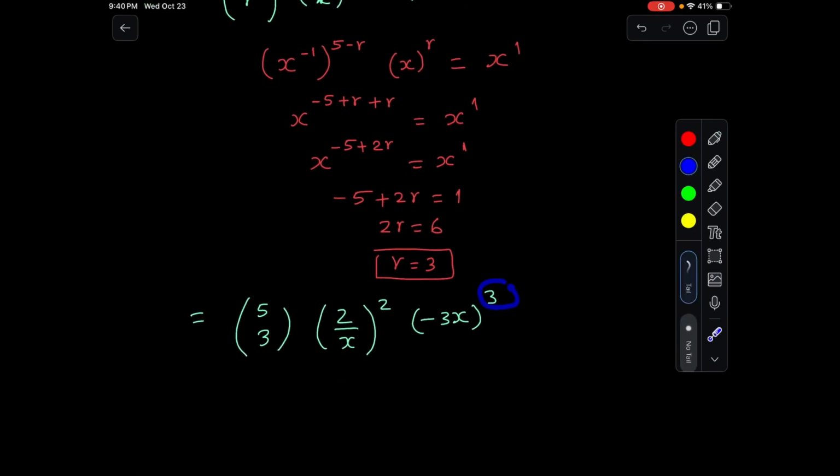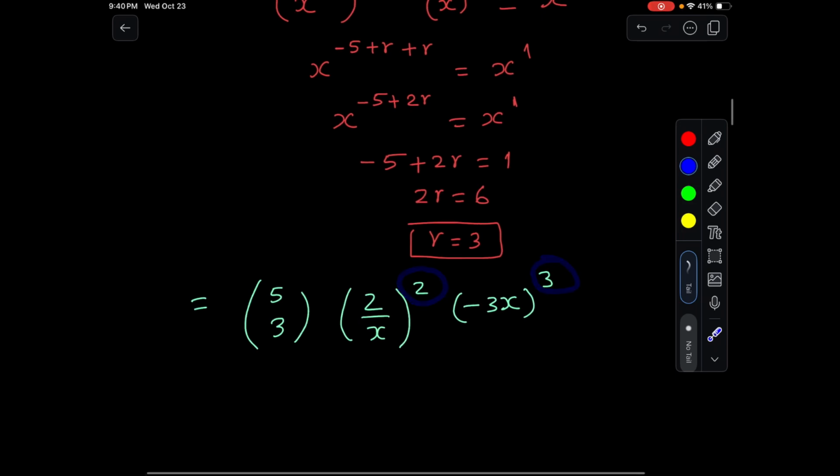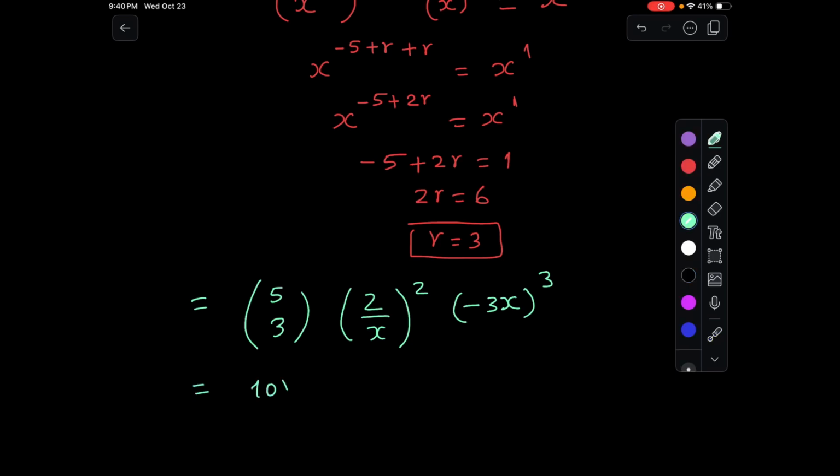Remember, 3 plus 2 adds up to 5. Now use your calculators to calculate what is 5C3. So that's 10. 10 times 4 over x square times minus 27 x cube.